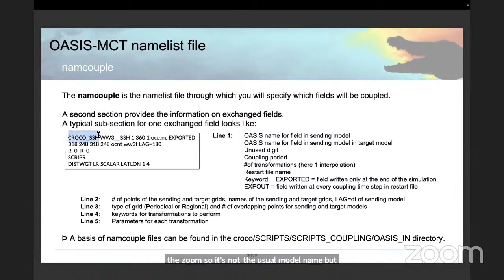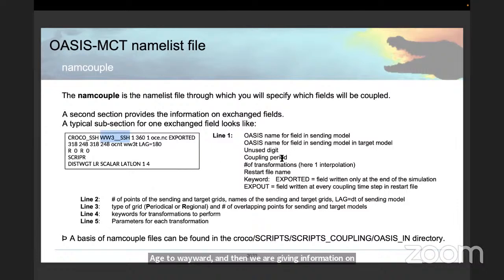For example, here, for sea surface elevation in CROCO, the name for Oasis is CROCO_SSH. And the way that it is prescribed in WaveWatch is that WaveWatch is waiting for WAVEWATCH_SSH. So we are just saying we will give CROCO_SSH to WaveWatch.